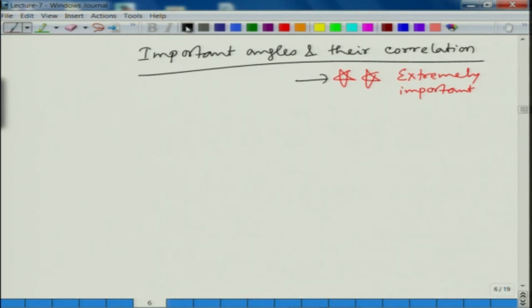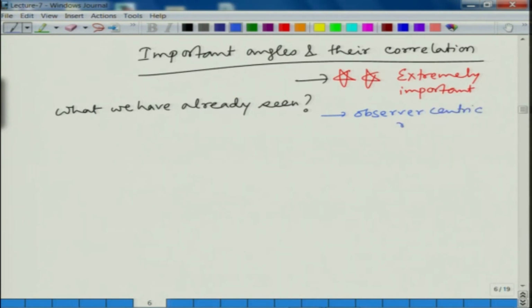Now, we have already seen some of these. So, let us recap a little bit of them. First thing is the observer centric reference frame. Okay.